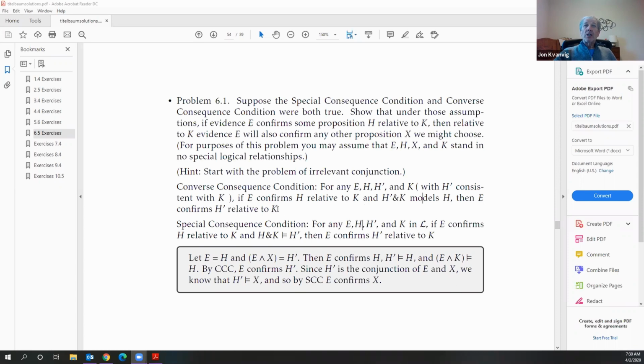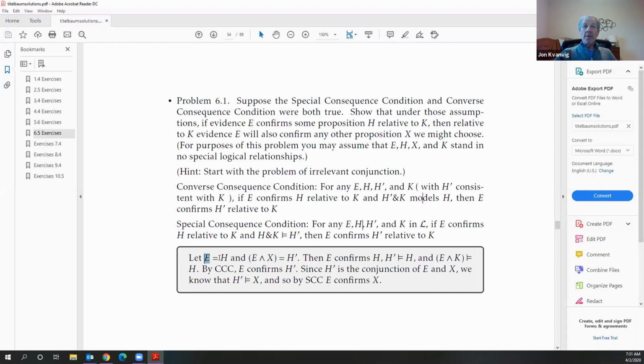So we're supposed to show that under these assumptions, if you put both of them together and you've got some piece of evidence that confirms a hypothesis, then it's also going to confirm absolutely anything you might want to pick, which is absurd. So how do we prove this?